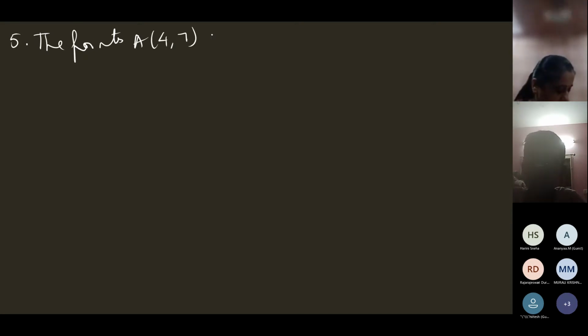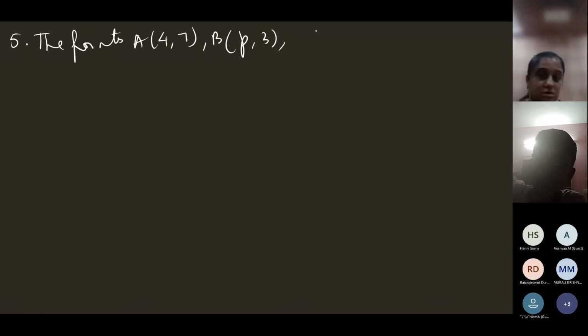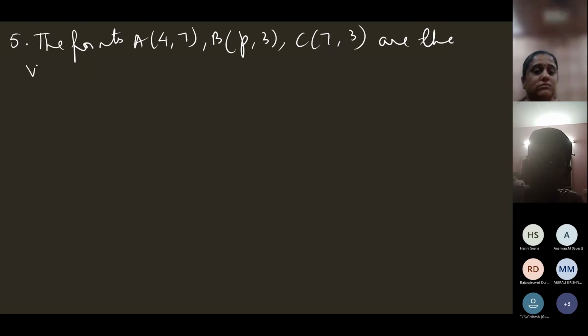The points A (4, 7), B (P, 3), C (7, 3) are the vertices of a right triangle.